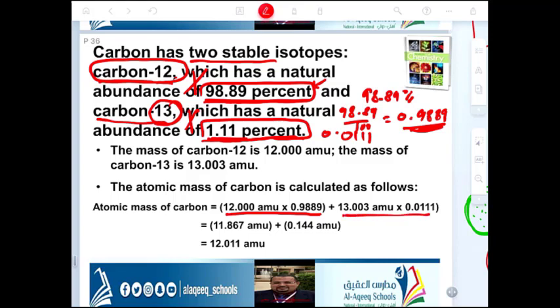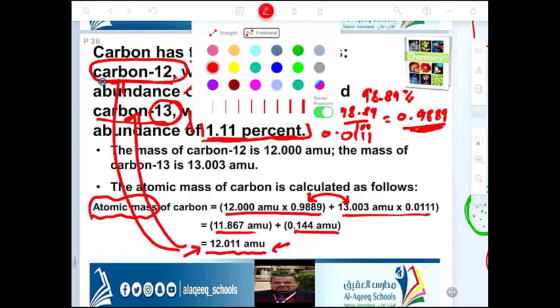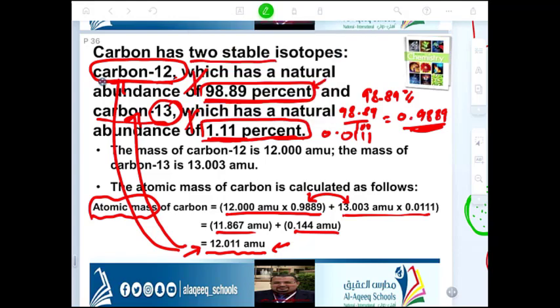Then add the two values you got. After adding them, you will get the atomic mass, not the mass number. The atomic mass of carbon is 12.011 amu. Notice that the value you got must be very close to one of the masses here, and must be close to the most abundant one.